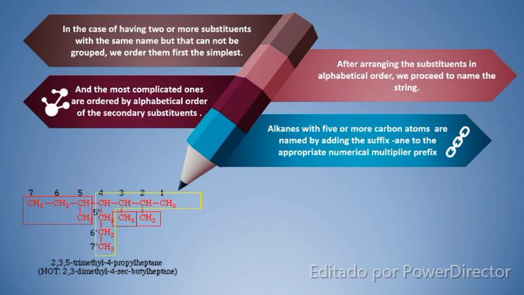In this example, we can see a chain of 7 carbons, which can be formed in two ways. In the first, we will have 3 substituents, which are enclosed in the rectangle, of which the largest is a sec-butyl and the others are methyls.